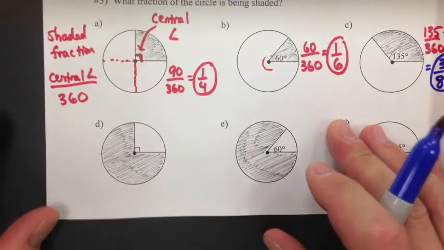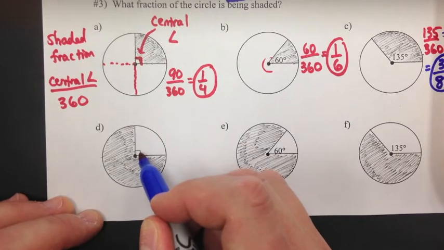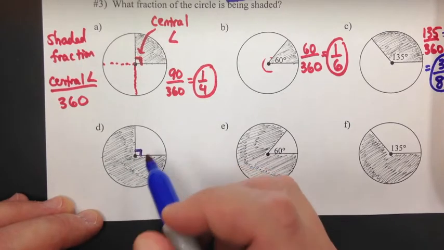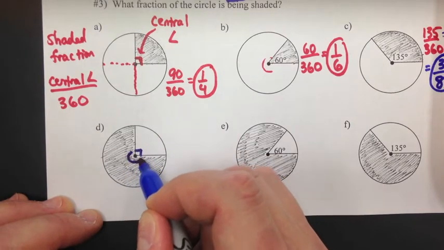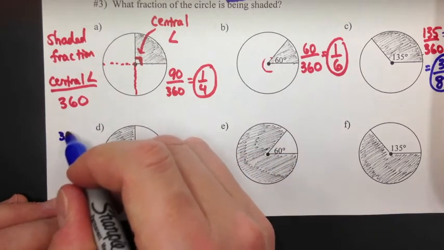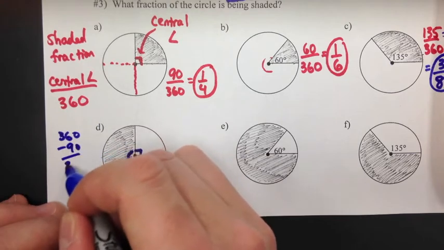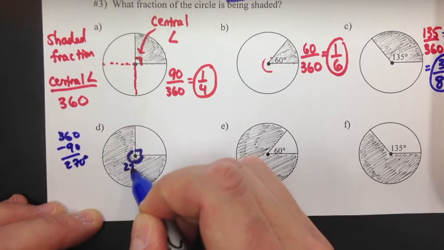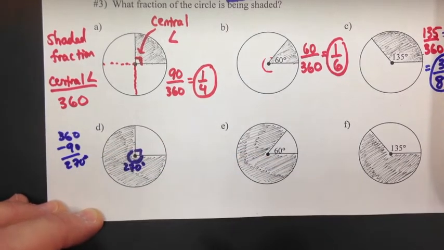Part D. Now let's see, the 90 degrees is here, but actually it's the rest of the circle that's being shaded. So the shaded part is not 90, it's 360 minus 90, which is 270 degrees.